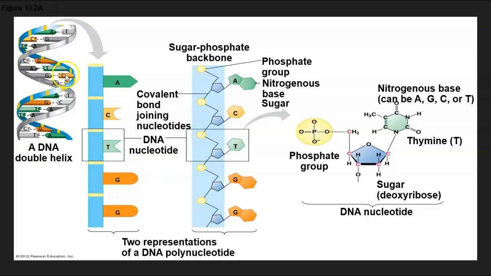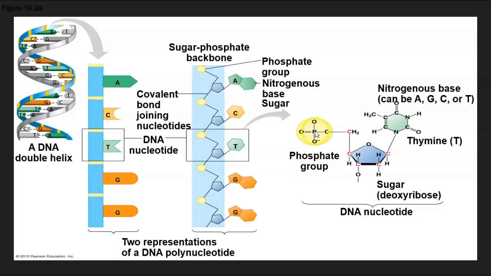Here you have a double helix model that shows you the paired bases and the sugar phosphate backbone. This is a simple model showing the sugar phosphate backbone with the nitrogen bases attached. This one shows more about what the structural molecules would look like.